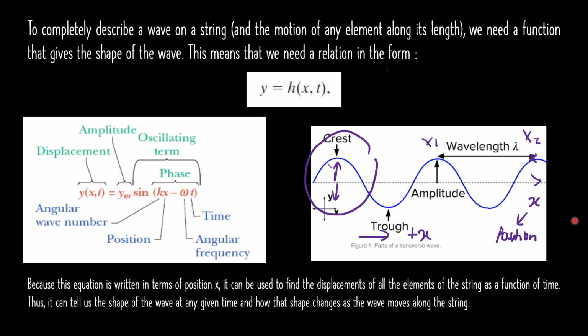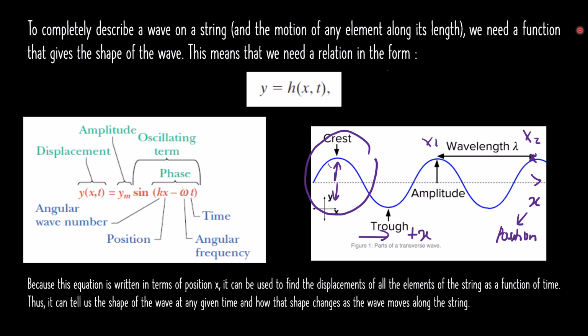Mathematically, the wave function is often written as y of x and t equals ym, which we can set as the amplitude, times sine or cosine of kx plus or minus omega t. Here, x represents position while t represents time.